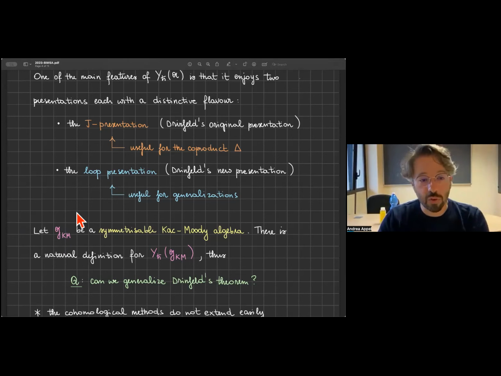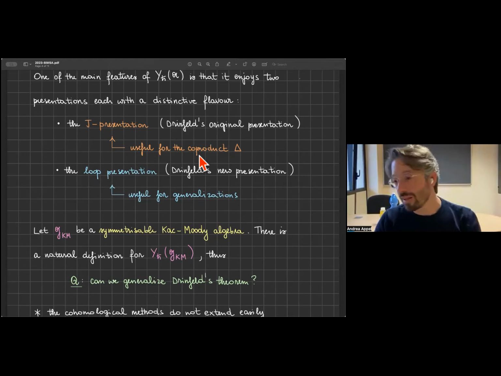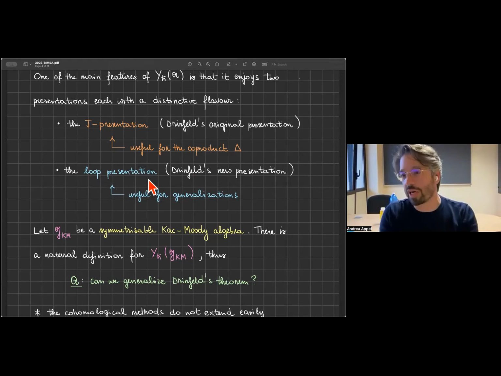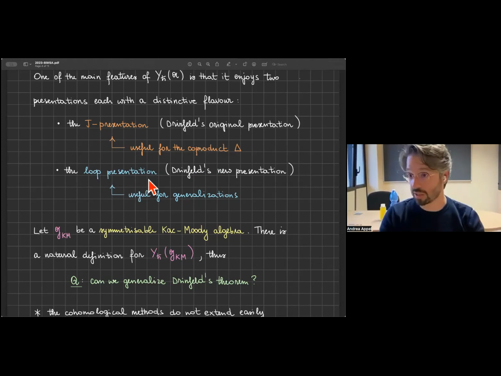So first of all, what I was telling you before was that this J presentation was precisely what was useful for constructing a coproduct. For constructing the coproduct, one interesting phenomenon is that when I look at the loop presentation, the explicit expressions of the coproduct in terms of the loop generators are not known and are not explicit in general.